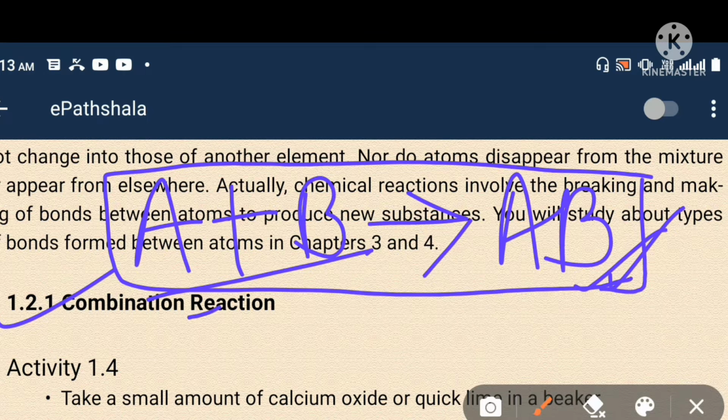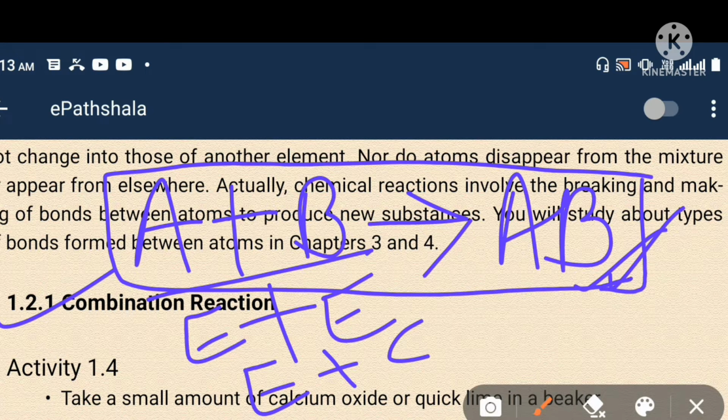First condition, A may be element and B may be element. Second, A may be element and B may be compound. Third, A may be compound and B may be compound. So maybe two elements, one element and one compound, or two compounds.